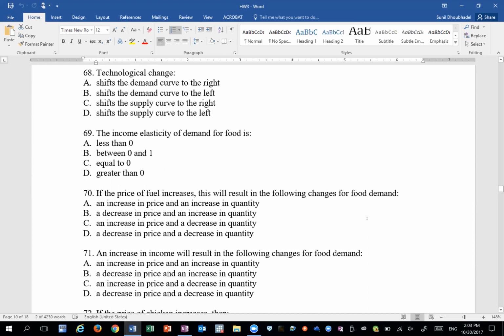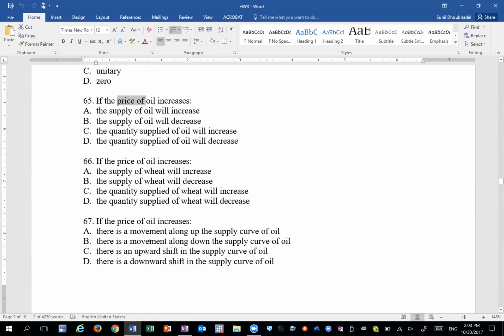Question 67. The price of oil increases. There is a movement along the supply curve of oil. There is a movement down the supply curve of oil. There is an upward shift in the supply curve of oil. There is a downward shift in the supply curve of oil.